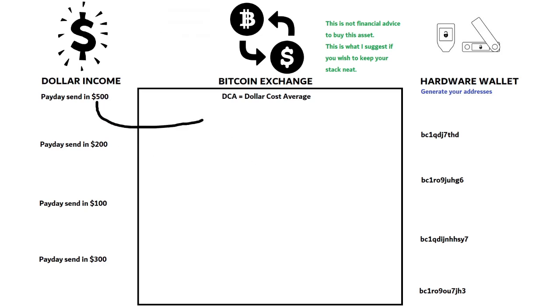Some people might go out there and dollar cost average on a daily basis, so DCA on a daily. That's currently what I'm doing right now. My exchange is programmed to stack every single day, a little bit each day, and that takes out the volatility.